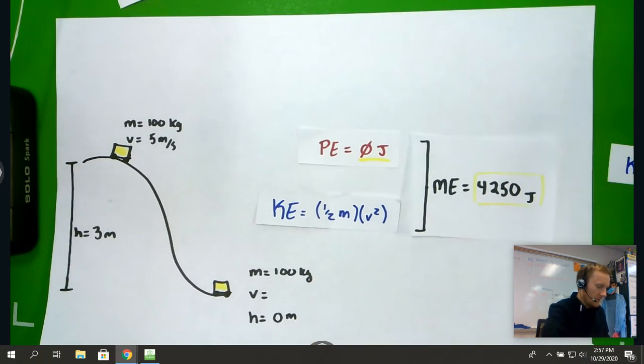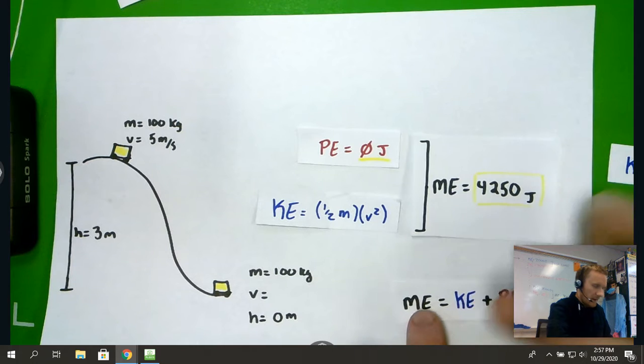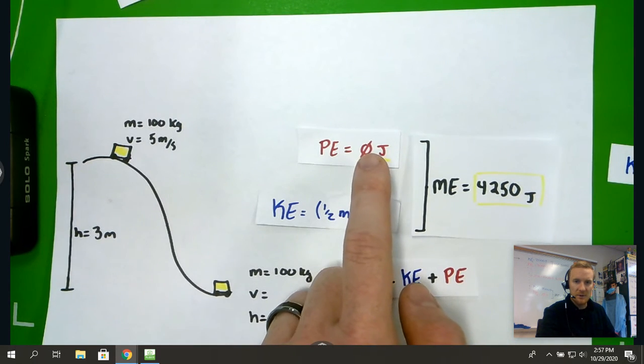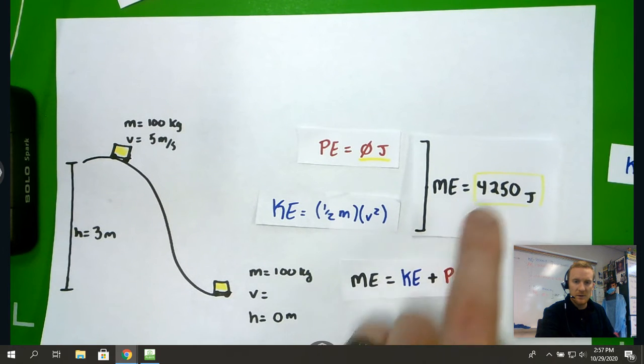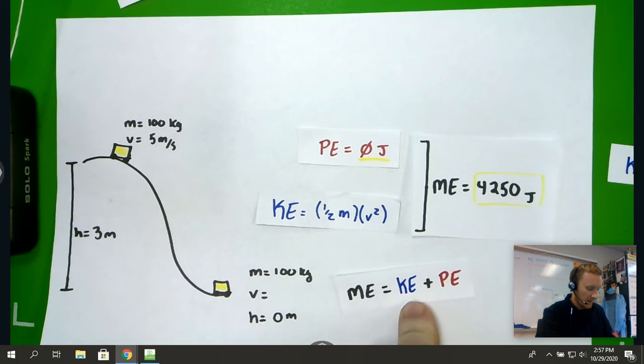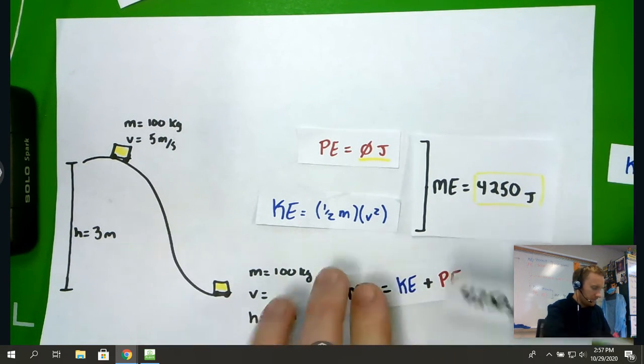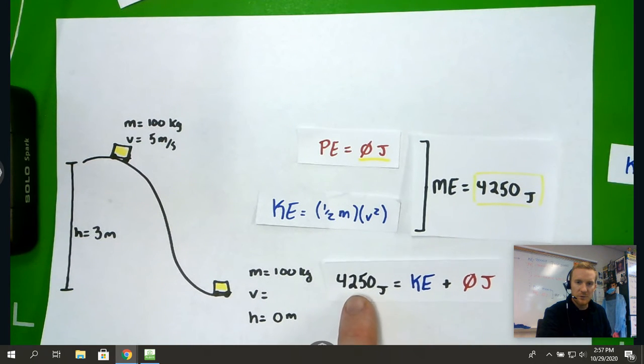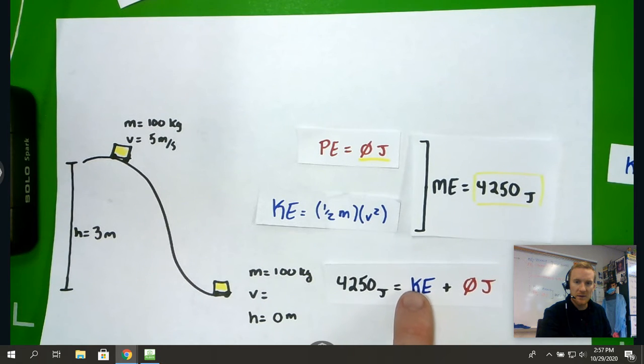So if we know that the mechanical energy is equal to the kinetic plus potential, and we have the potential, we have the total mechanical, we could solve for our missing kinetic energy. Okay? Kind of like this, right? So we know that 4,250 joules is equal to whatever my kinetic energy is plus my potential. Okay?